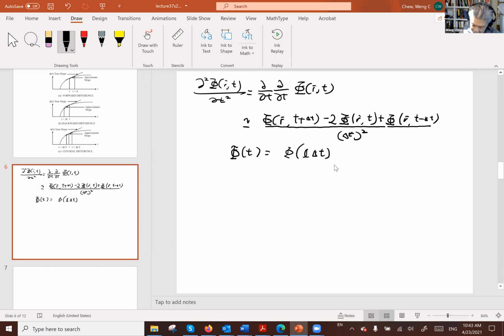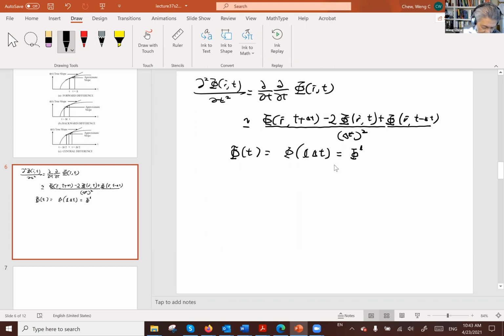And then instead of writing something like this, I just write phi superscript L. And that is often encountered in the numerical computation literature.